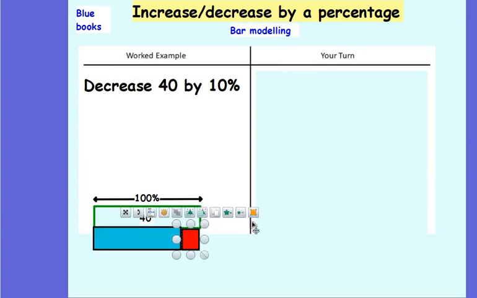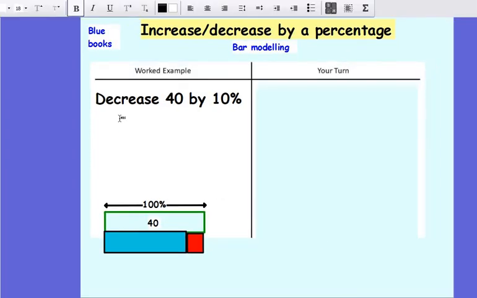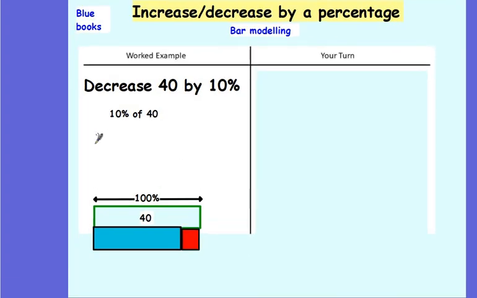So we're getting rid of this 10%. 10% of 40 is equal to 40 divided by 10, just as we did before, which is 4. So this time when I'm decreasing by 10%, I'm getting rid of this 4.